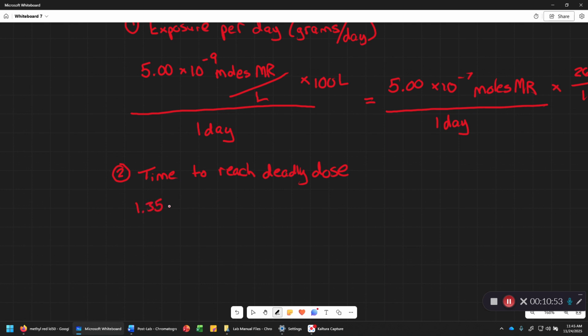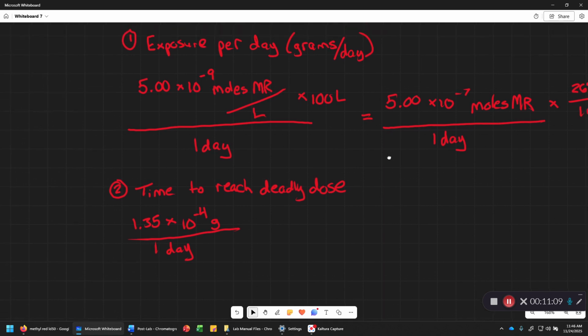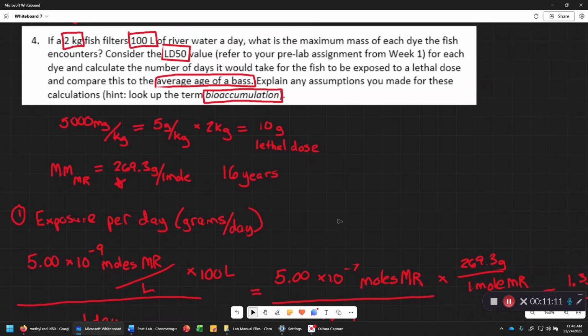Again, your value is going to be different, and this is methyl red. What we know from earlier is that the lethal dose of methyl red is 10 grams.